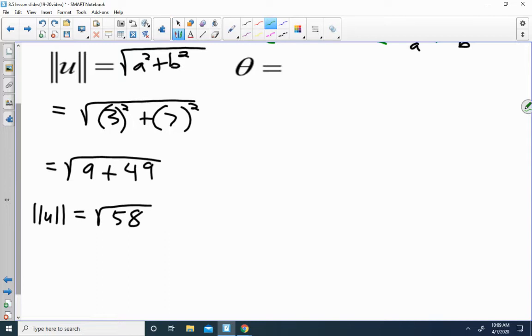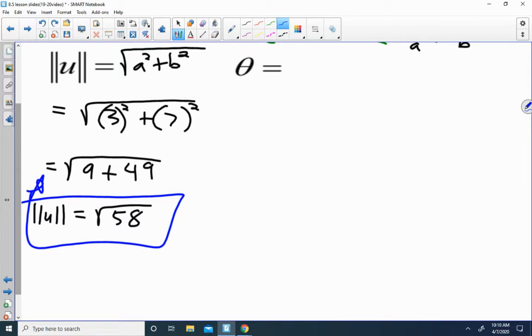Now remember, if you're able to split these up into 2 perfect roots, please do so. And it turns out for this case, if you try all the perfect roots, square root of 1, square root of 4, square root of 9, square root of 16, etc., you'll find that nothing will work. So in other words, you will just keep your answer as the square root of 58.